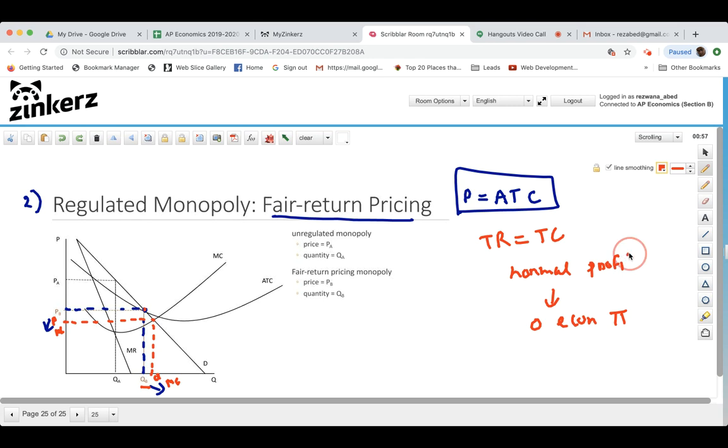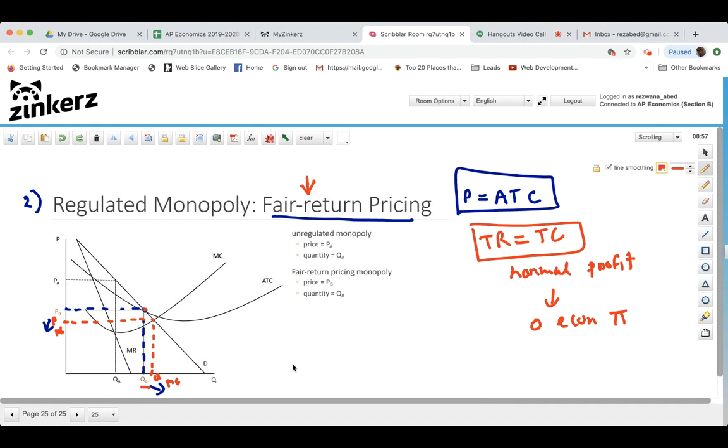Okay, so the government is barely letting them charge a price where they have a fair return. Okay, it's fair. They're just breaking even. They're earning their opportunity cost, and total revenue is equal to total cost. So they're just letting them earn a fair return.